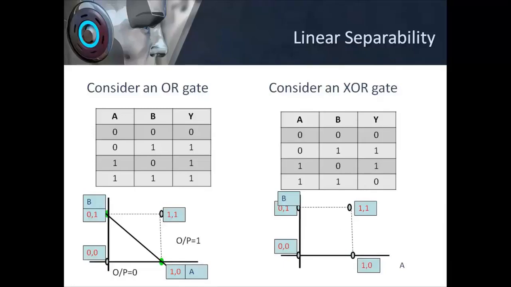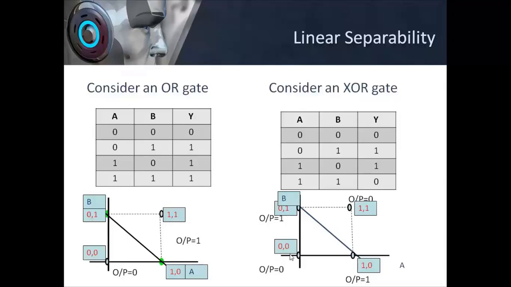Now if I want to divide these 4 points by a single line, can we do that? We can try drawing a diagonal line as we did. Are we able to divide? No. If I draw a line here, it will divide my graph into two regions, where it is having output 0 here, with output 1 here, output 1 here. So it is not dividing it.